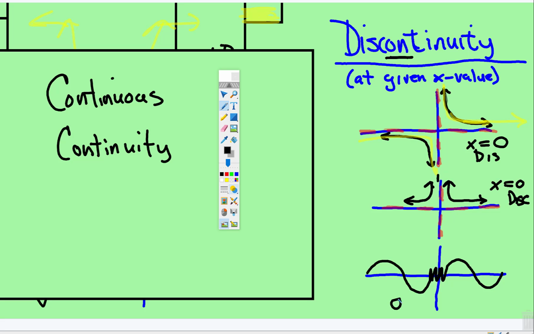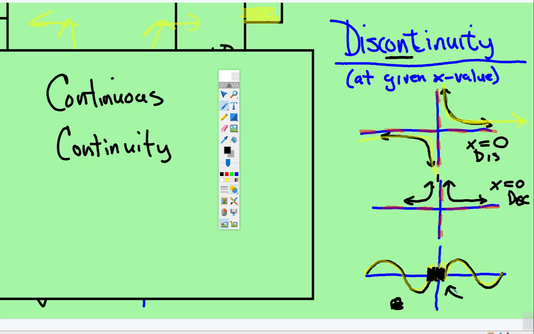Then there's another type of discontinuity, and this is called, well, I'll get back to that later, but there are some trig functions that are just kind of minding their own business, going along, and all of a sudden there's this rapid vibrating, and it doesn't stop, and then it kind of goes back to the normal graph. Well, right there where it is vibrating rapidly, it's so rapid that you can't even get it to pause long enough to find a height.